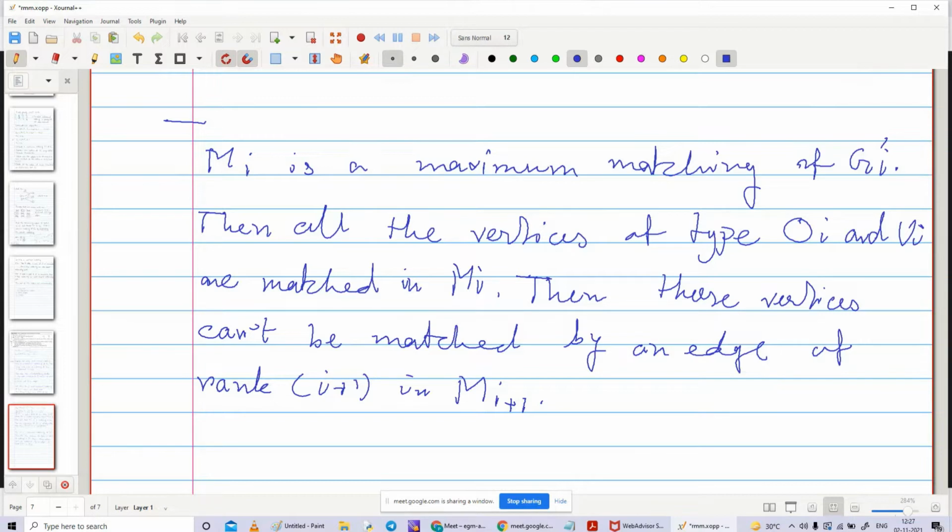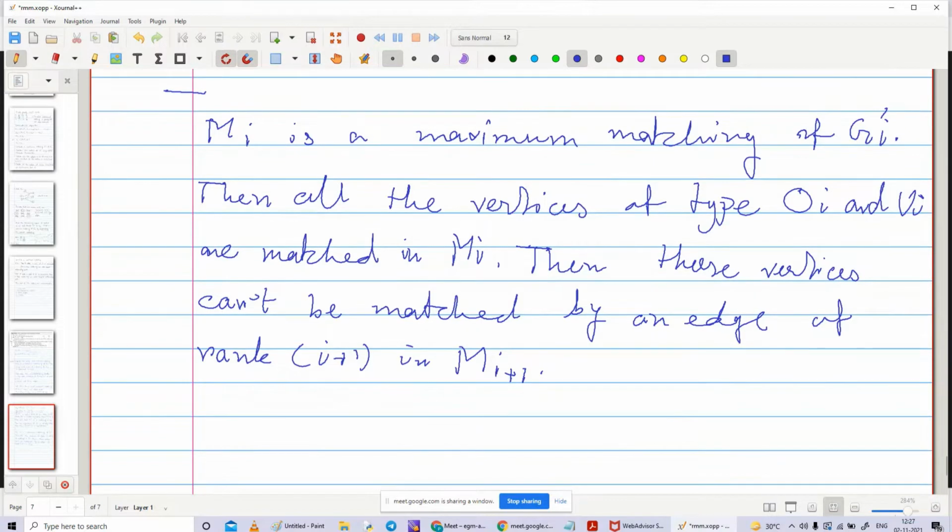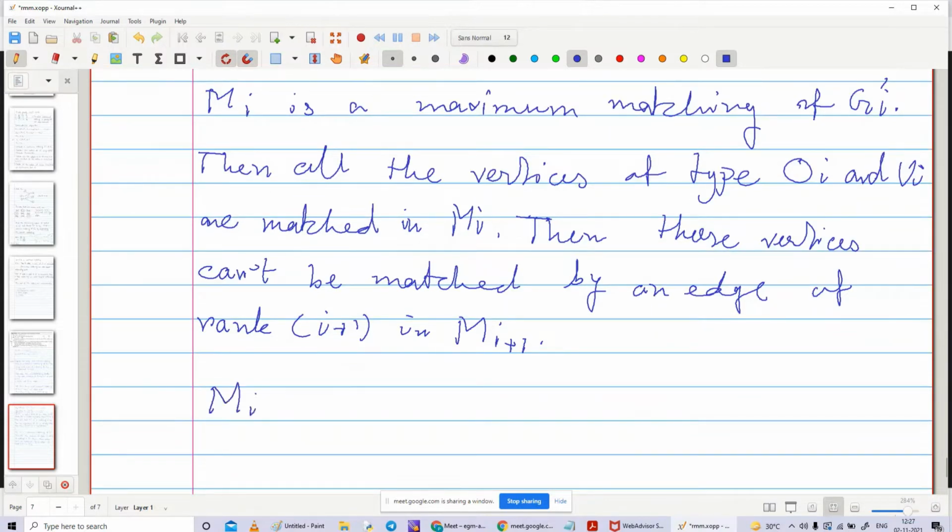So all the vertices of type Oi and Ui will be matched by some edge in Mi, right? Now what was our Mi? If you remember, Mi was Mi plus 1 intersection the edges of rank i or less.